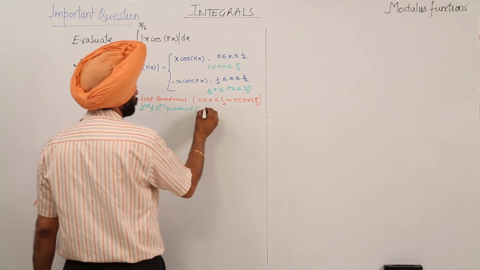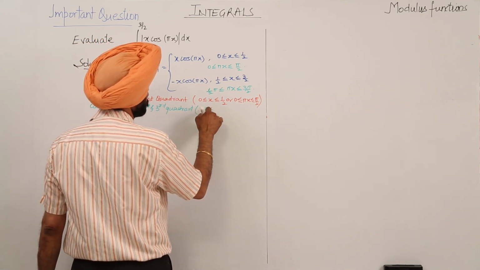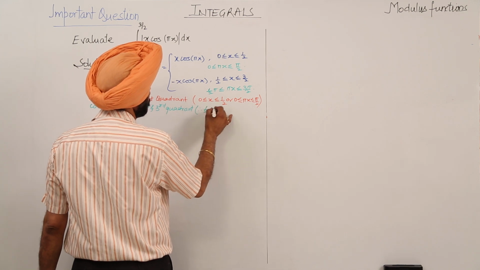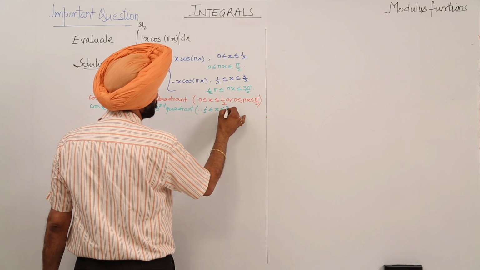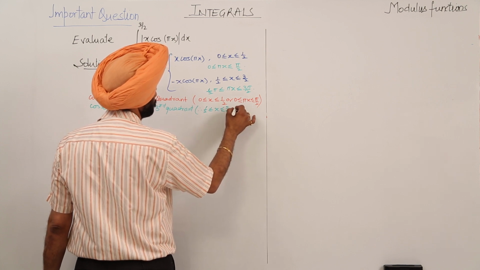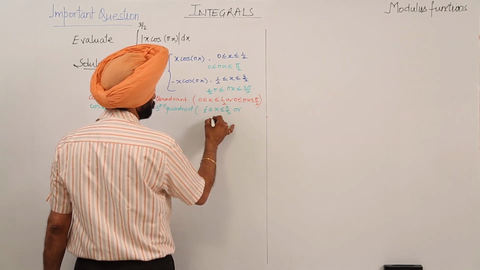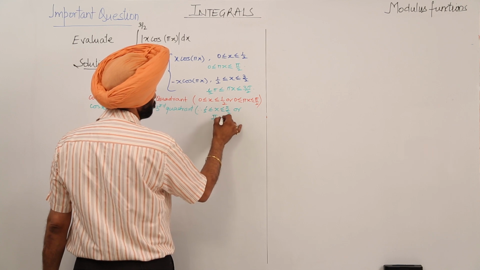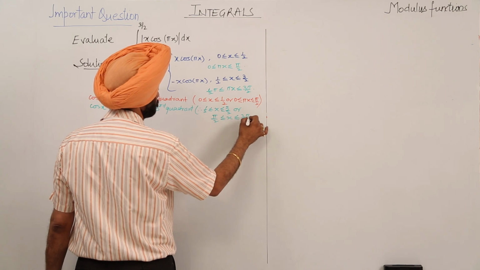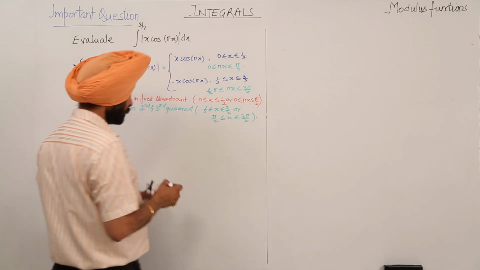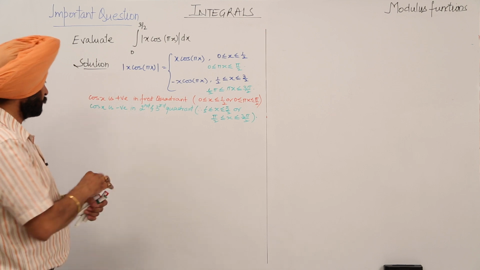Therefore 1/2 ≤ x ≤ 3/2, or pi/2 ≤ pi x ≤ 3 pi/2. Is it clear now how we have got the range?